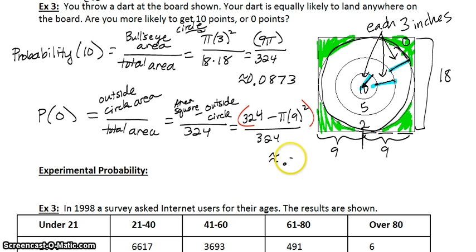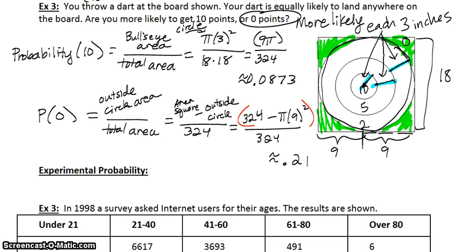Type it all in and you get 0.21. So let's go back to the question. Are you more likely to get 10 points or 0 points? Obviously the 0 points is a higher number than the 10 points. So you are more likely to get 0 points. That is kind of a hard problem.